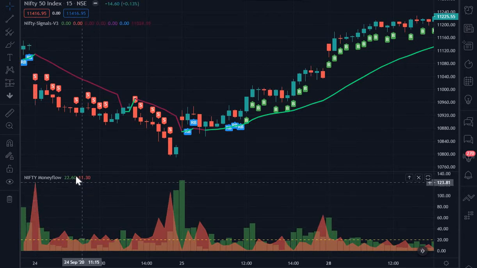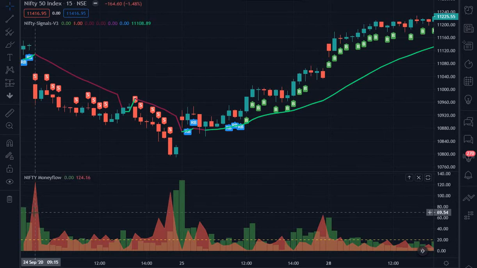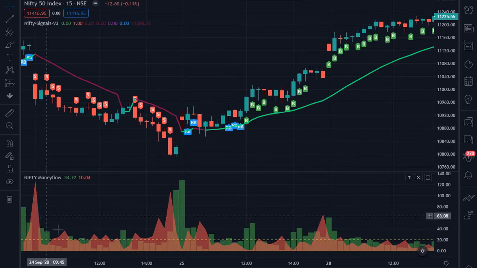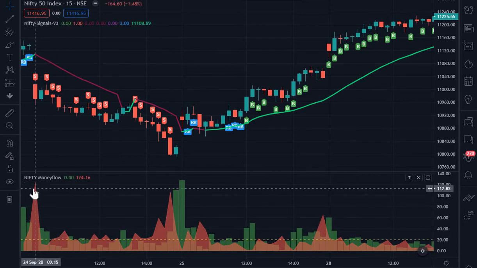You will see very small numbers compared to the actual money flow, because it has been scaled down to fit the visuals. Usually you will see a range of around 0 to approximately 400-500 max. That's what I have seen till now, but this range can change.